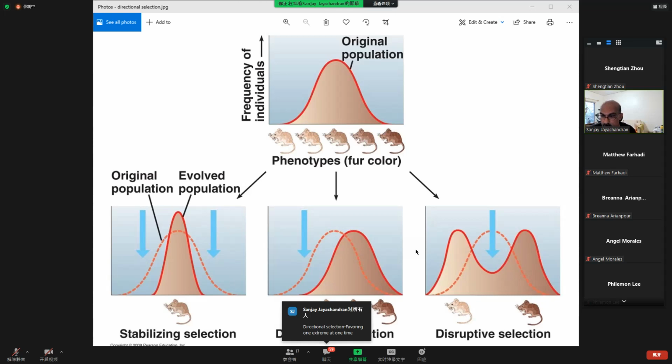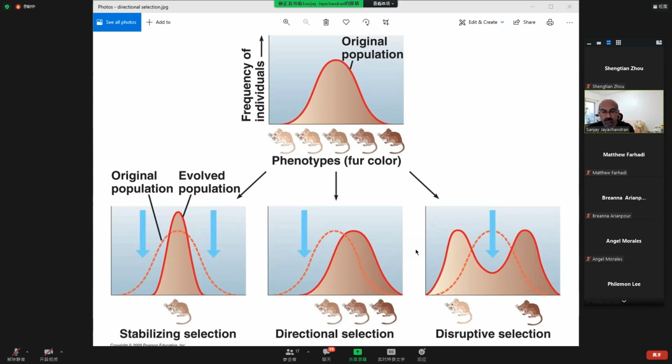Okay. The last one, disruptive, and sometimes it's called diversifying. Who's being favored here? Opposite ends. So the two extremes are being favored at the same time. It's not so common.